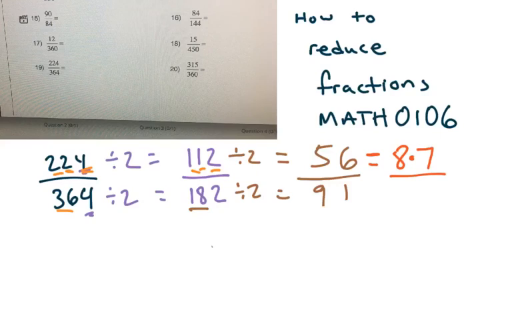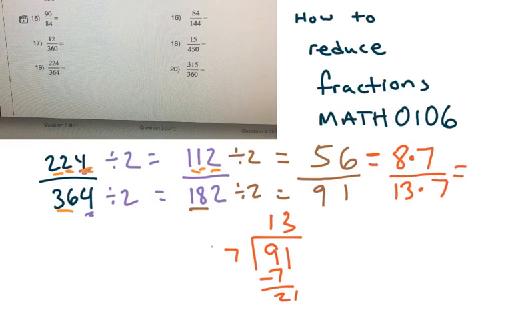Well, it could be, but it's very unlikely. So it's better for me to play with 7. So I'm going to take 91 and divide by 7. And look at that, I get 13. So this is just 13 times 7, which means the 7s would divide out, and I'm left with 8 over 13.